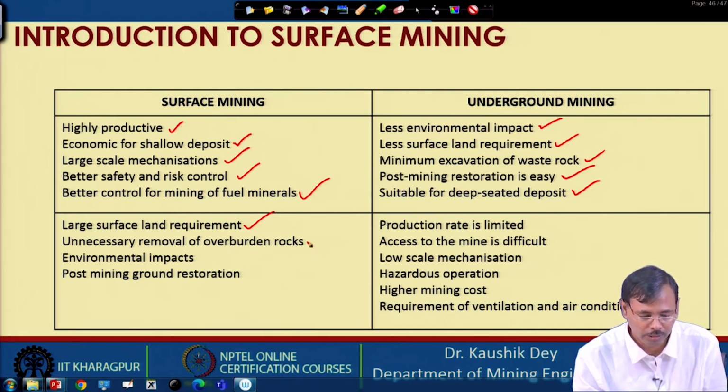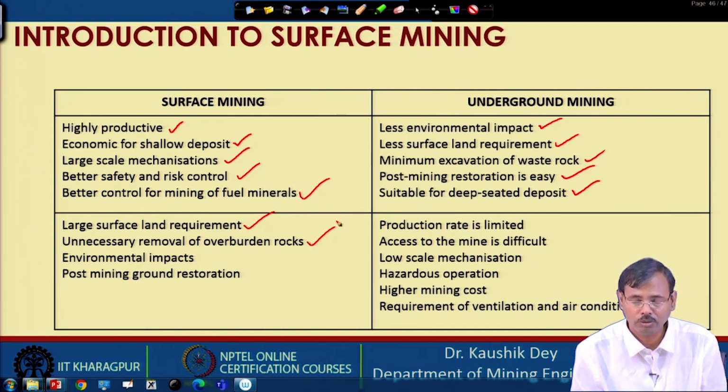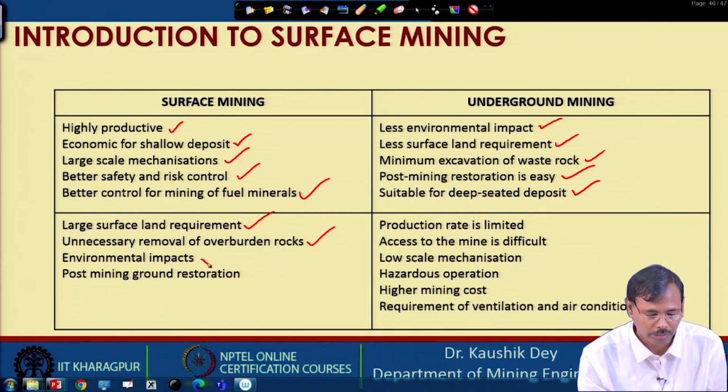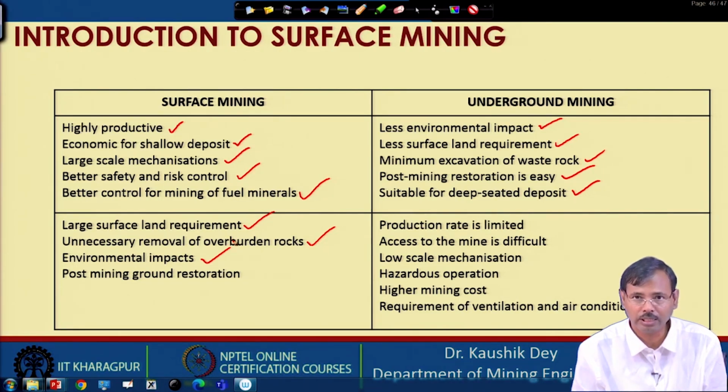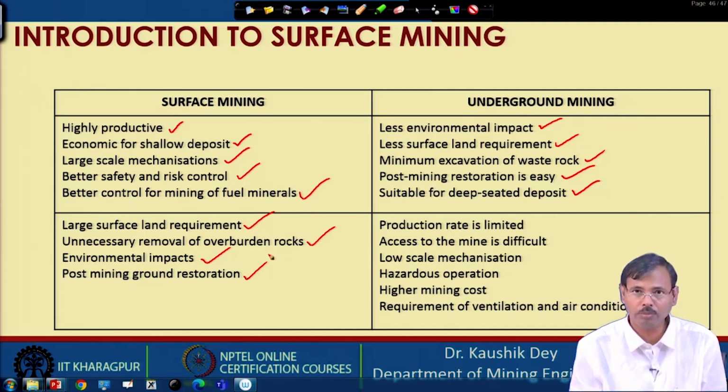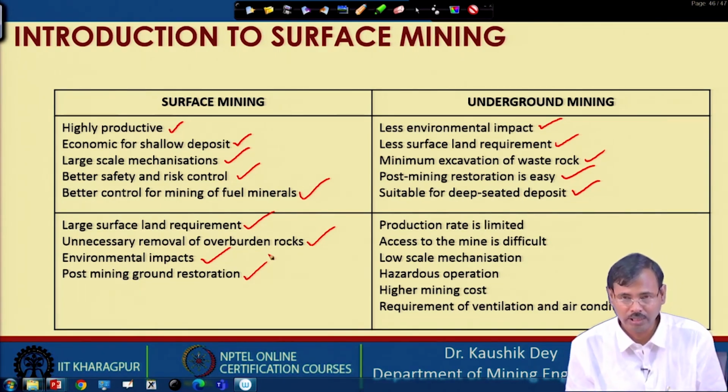It is unnecessarily removing the waste rock cap, which is lying above the main mineral, and it has environmental impacts: the groundwater is being disturbed, the environment is being disturbed by generation of dust and sound. These are basically annoying the local populations. Then post mining ground restoration is another problem, because this large area which is being mined has to be restored for future use.